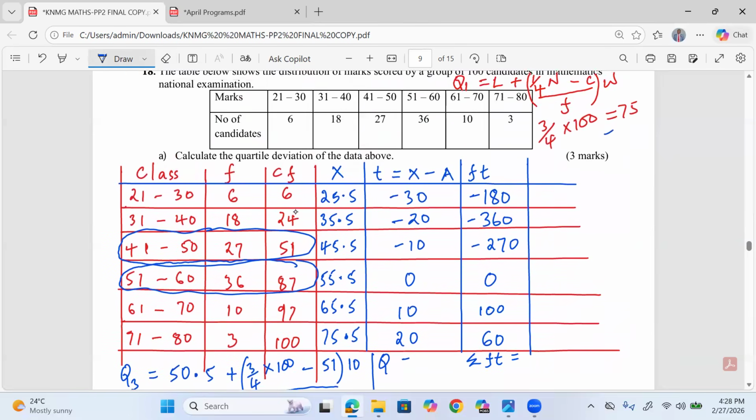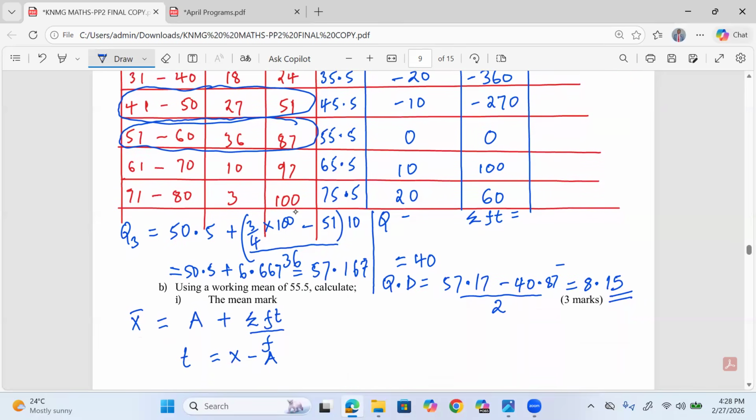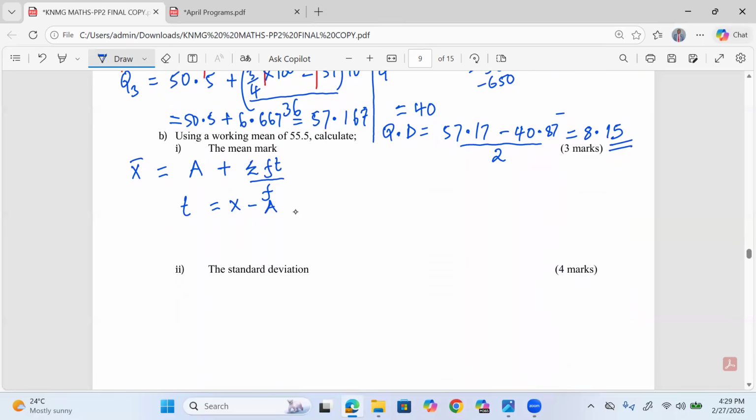I'm having negative 180, negative 360, negative 270, then positive 100 and positive 60. I'm getting negative 650. So for the actual mean, we need to talk about 55.5, and we add negative 650 out of 100.